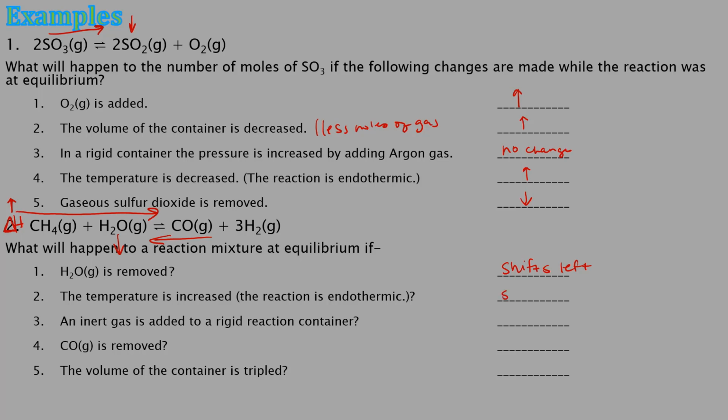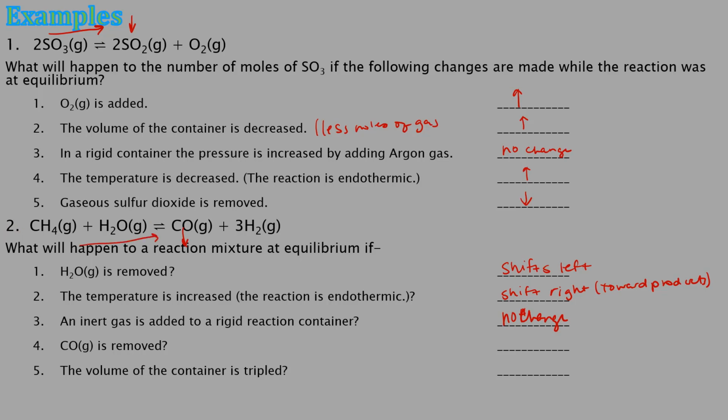And so the reaction will shift right or toward product. Okay, an inert gas is added, nothing, no change. CO is removed. So if carbon monoxide is removed, then the reaction will shift towards that.